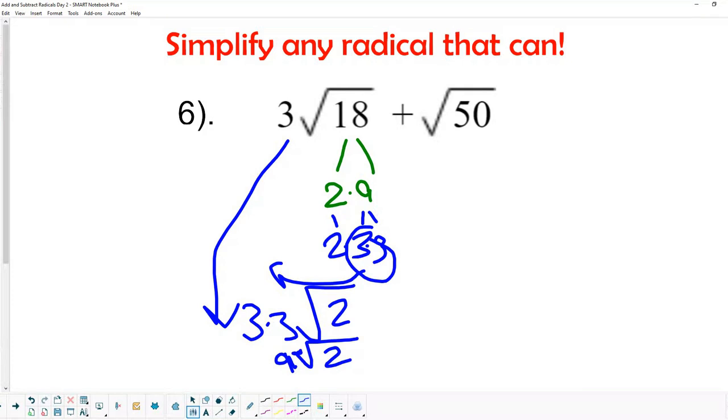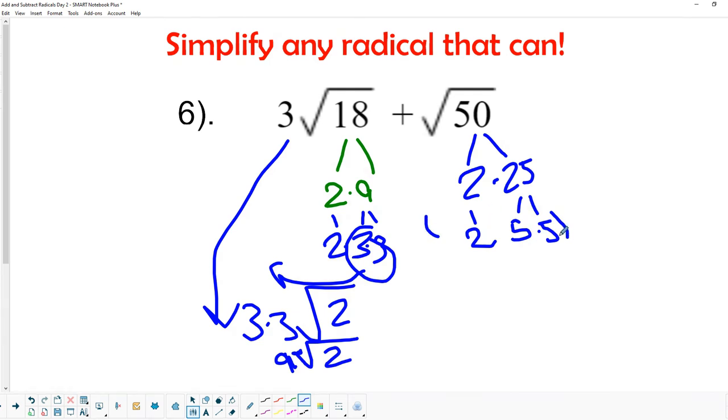So now we see that there's a 2 left in this radical, so let's try dividing this other radical by 2 to see if it'll go in there, and that might point us in the right direction. Sure enough, 2 does go into 50 25 times, and 25 breaks down into 5 times 5.